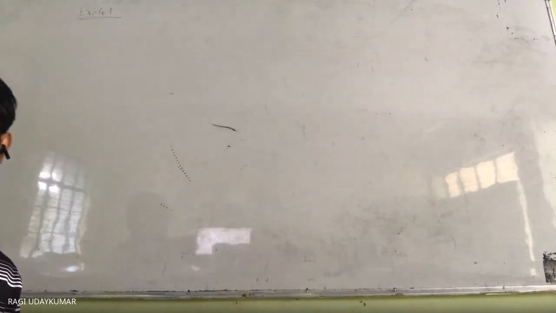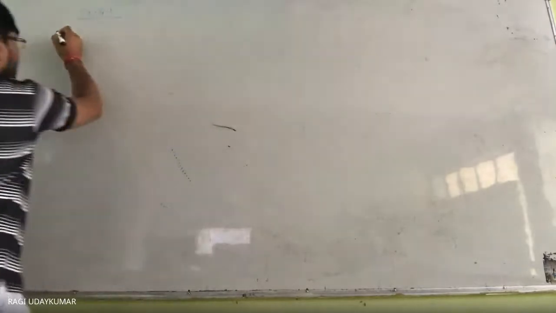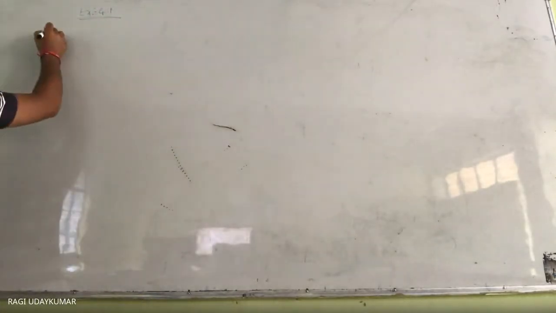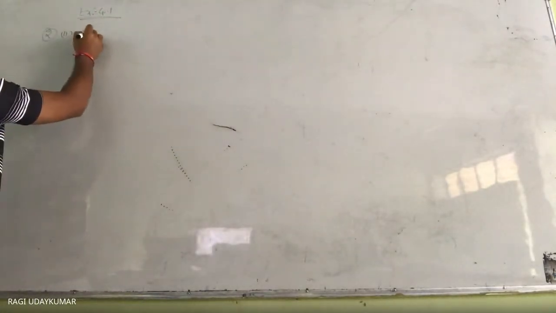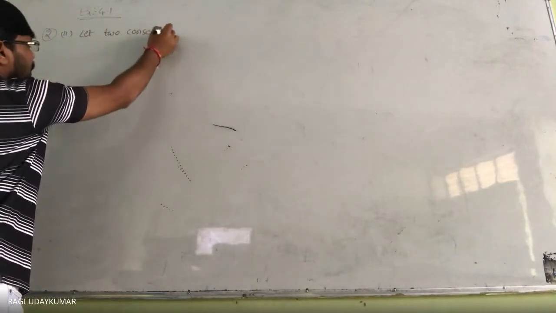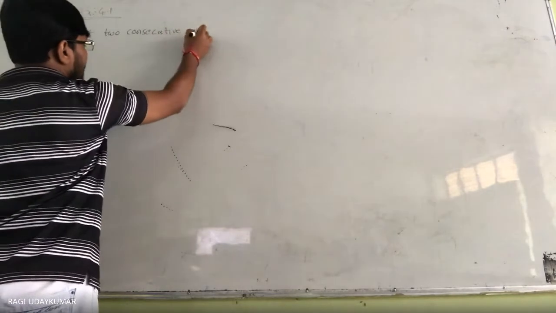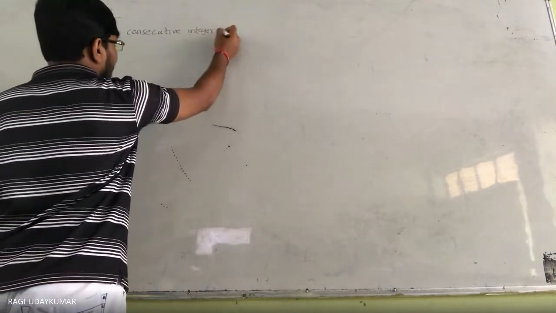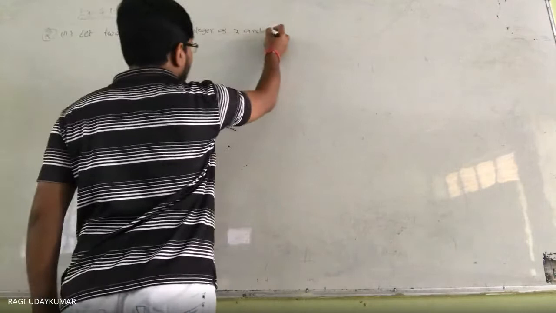The product of the two consecutive integers. So let the two consecutive positive integers be x and x plus 1.